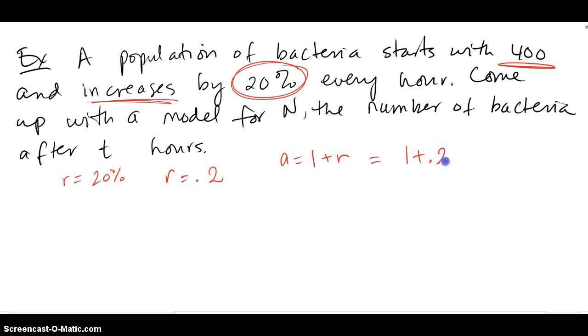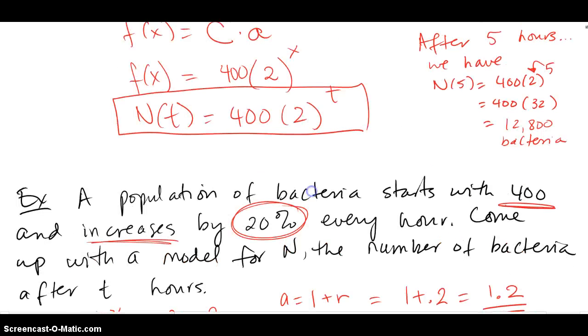So 1 plus 0.2 gives me 1.2, which is really the growth factor in this problem. This is my a. It doesn't double, it doesn't increase as quickly. As the hours go by, I only get a 20% gain on the original 100% bacteria I had.